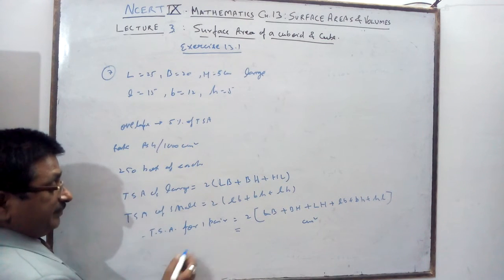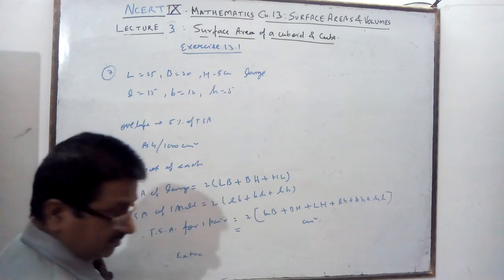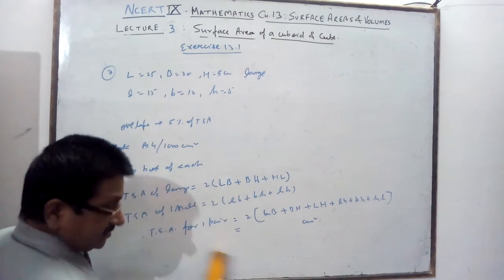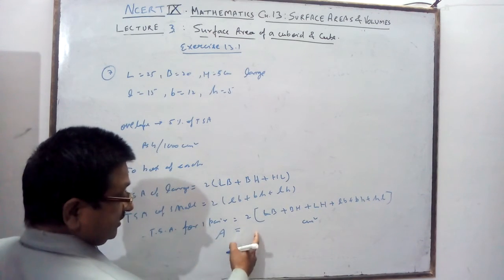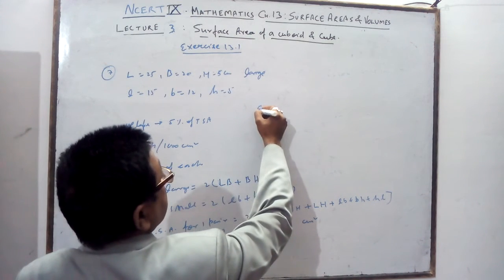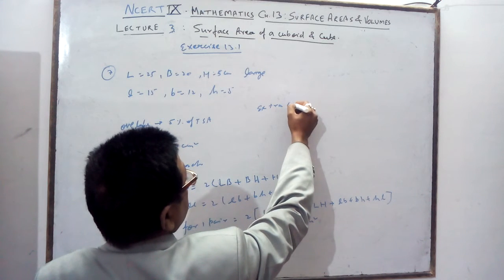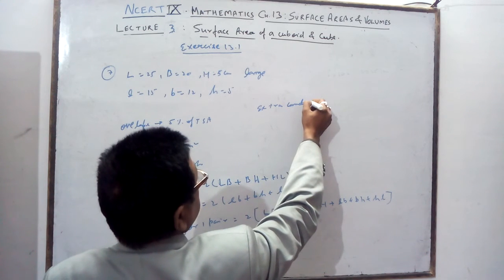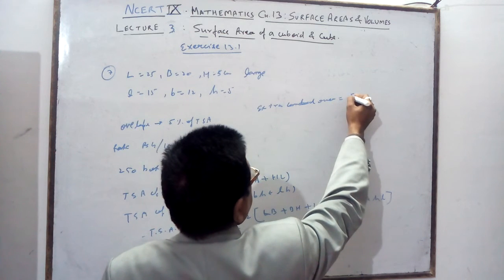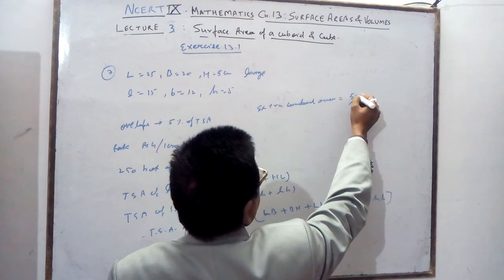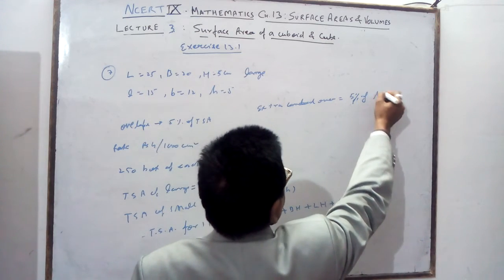But 5% extra, what does extra mean? Suppose your answer is coming A. It is the answer A. So the extra cardboard for overlap is 5% of A. What is A?